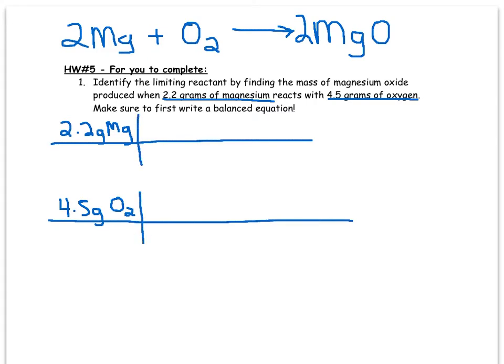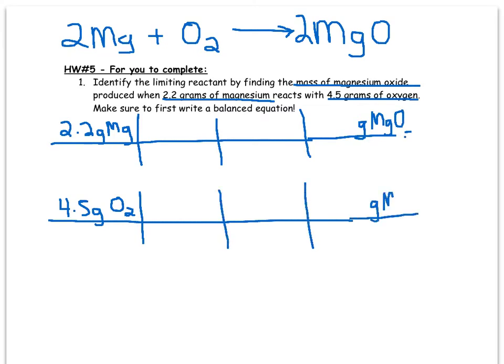Now the question is, what am I going to convert both of these to? The problem says to find the mass of magnesium oxide. So both of these problems are grams to grams. Grams of magnesium oxide goes here, and grams of magnesium oxide goes down here. So I'm going to be performing 2 grams to grams problems.